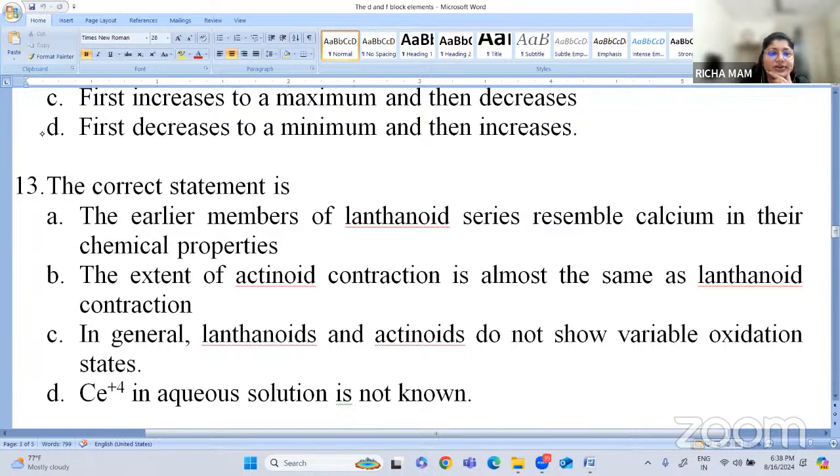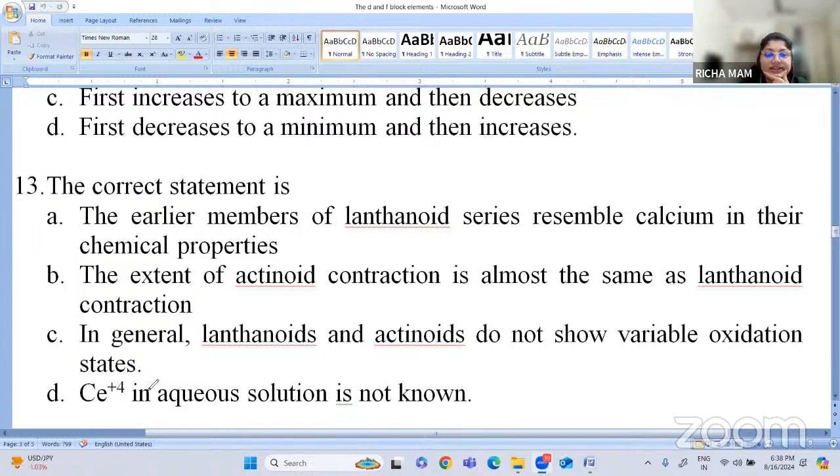Now here, the first statement, A: the earlier members of the lanthanide series resemble calcium in their chemical properties. B: the extent of actinoid contraction is almost the same as lanthanoid contraction. C: in general, lanthanoids and actinoids do not show variable oxidation state.